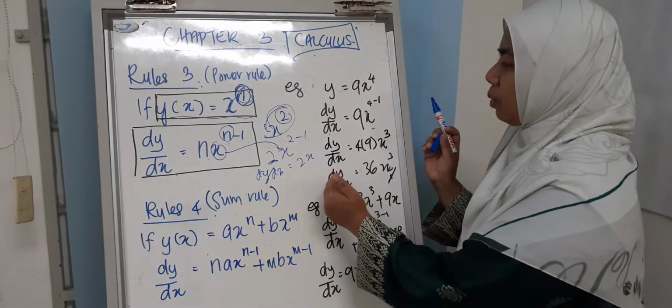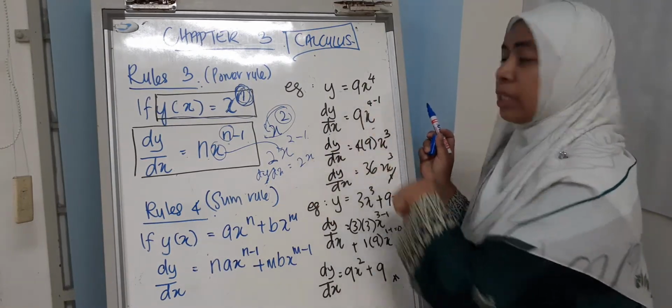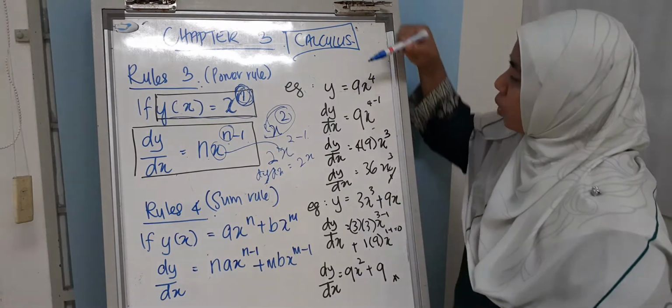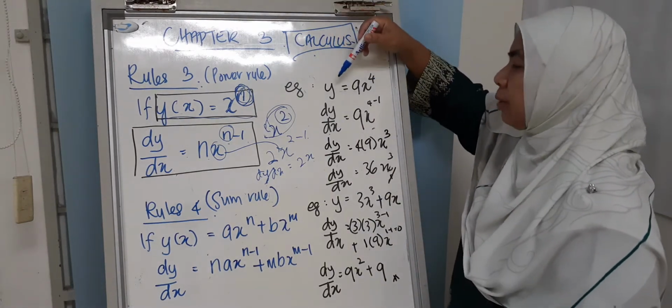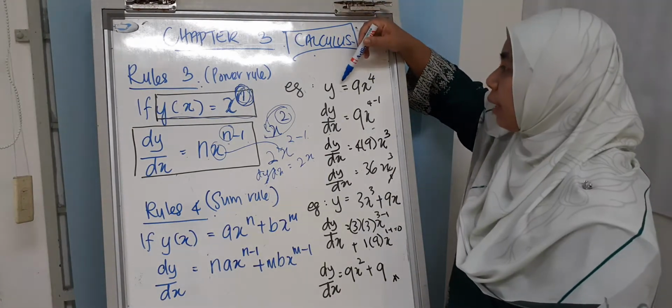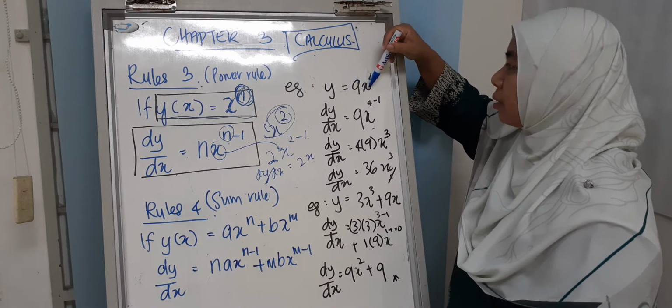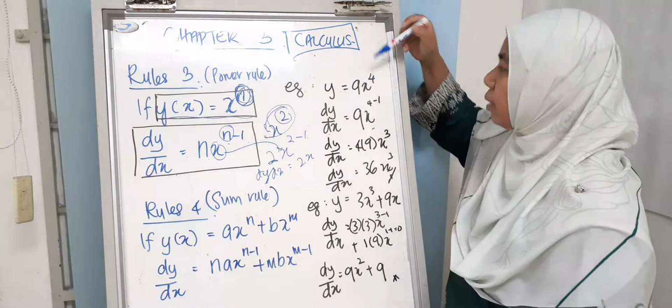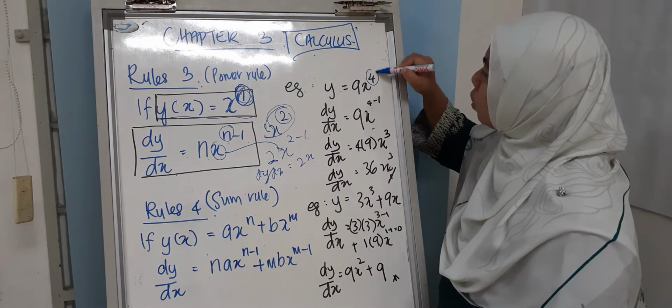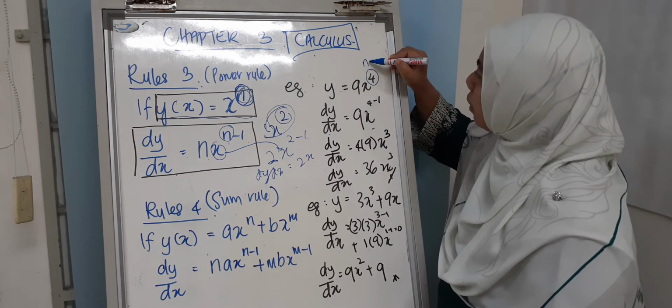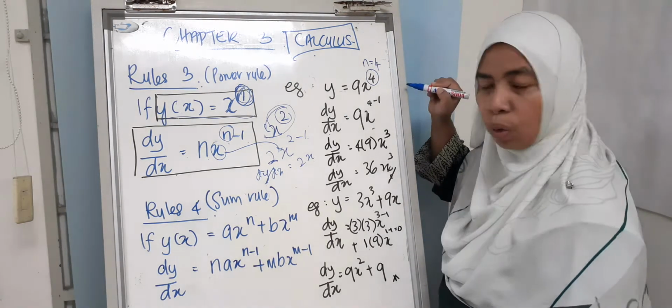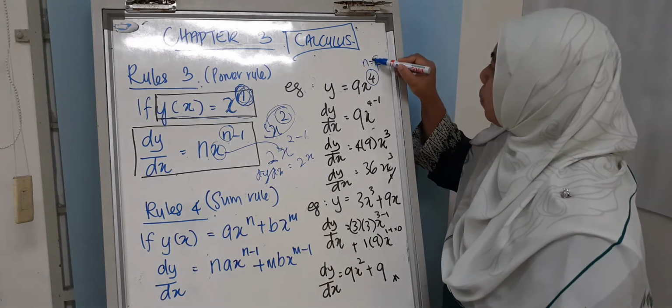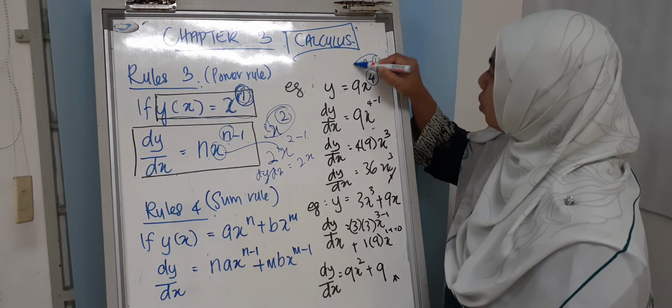So let's go to the examples. For example, for rule number 3, y equal to 9x to the power of 4. You see 4, so in here n equal to 4. Just bring 4 here.